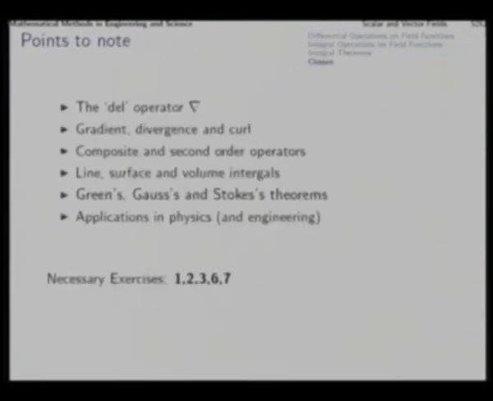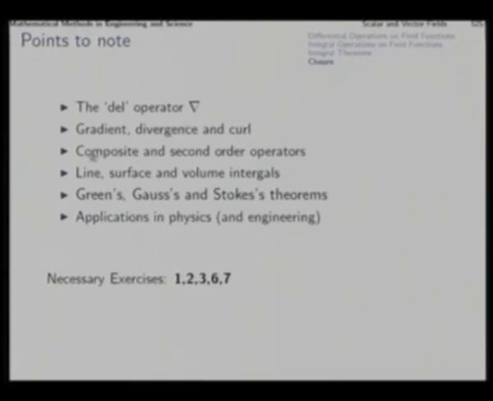So, the important points to be noted from this lesson are the del operators, the del operator applied in 3 different ways on scalar and vector functions. On scalar function you get gradient, on vector functions through dot and cross products you get divergence and curl.